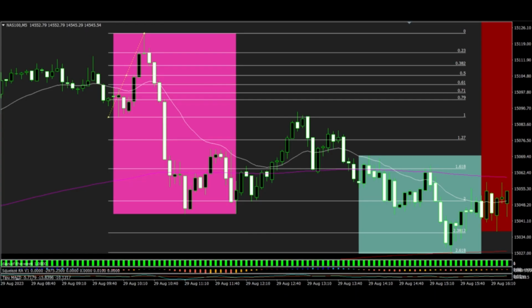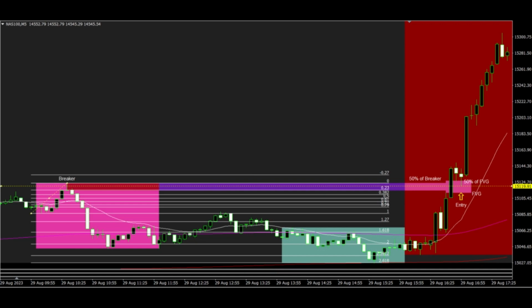In this example, we see price has reached the 2.618 extension level, then has started to retrace. We can start looking for our entry. And during the New York session, our entry occurs. You see price reached the 2.618 and then closed above the London session, and that created a breaker.